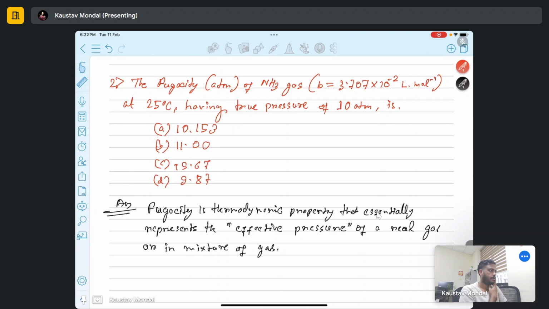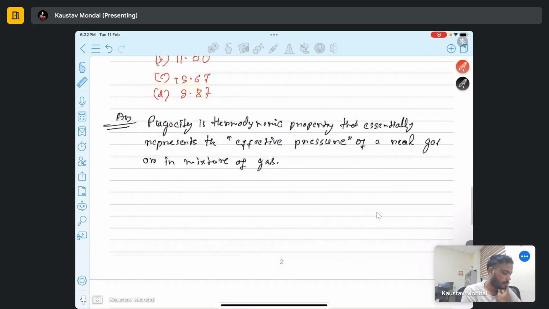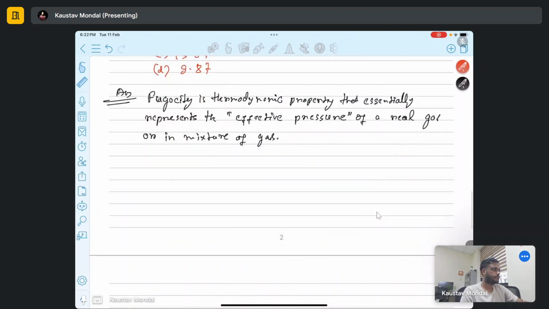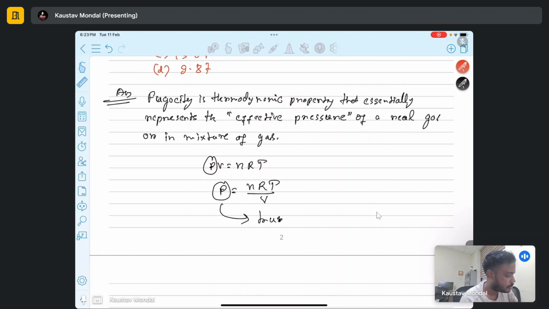So what does that mean? Basically, for ideal gases the gas equation is PV = nRT, where P is given as nRT by V, and this is the true pressure of an ideal gas.